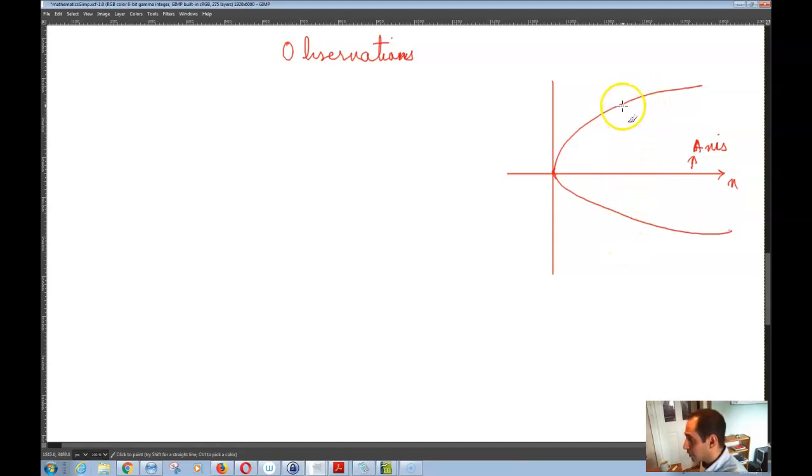Meaning that if you take any point over here, the perpendicular distance of this point to the x-axis, and you take the same perpendicular distance to the other side, this point is also going to be on the parabola. Or if you take this point over here, come this distance down, and the same distance down, this point is also going to be on the parabola, and so on and so forth. That means that the parabola is symmetric with respect to the axis of the parabola.